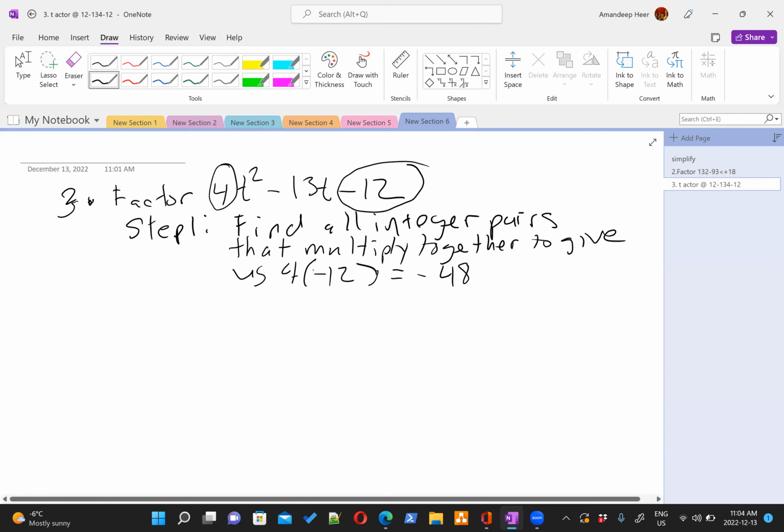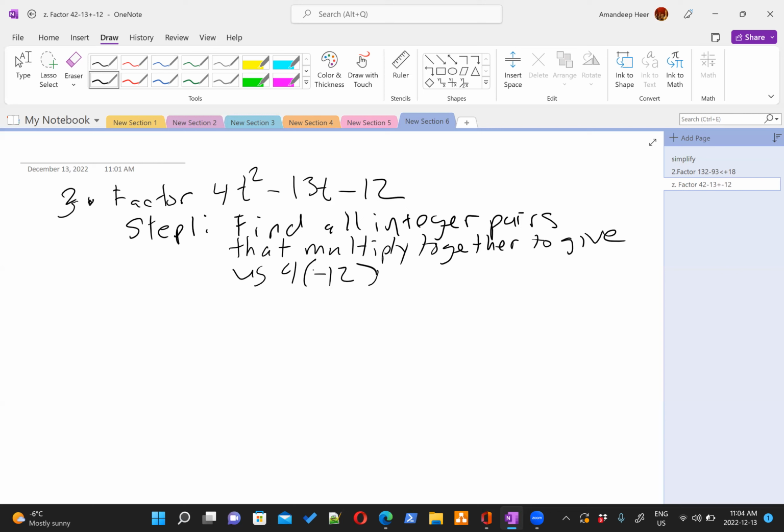We want to find all the pairs that multiply to give us -48. Okay, that's the trick. It's not all the integer pairs that multiply to give you -12. It's all the pairs that multiply together to give you -48.